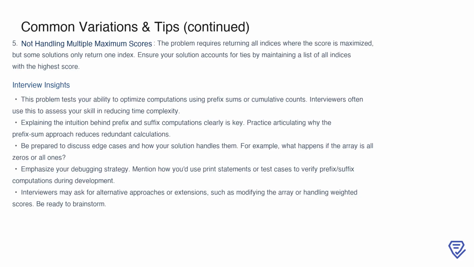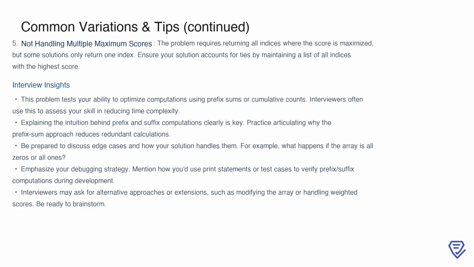From an interview perspective, this problem is designed to evaluate your ability to optimize computations, specifically, your use of prefix sums or cumulative counts to reduce redundant calculations. Clear communication is key, so practice explaining the intuition behind these optimizations, such as how prefix sums avoid recalculating values repeatedly. Be ready to discuss edge cases, like arrays of all zeros or all ones, and demonstrate how your solution handles them.